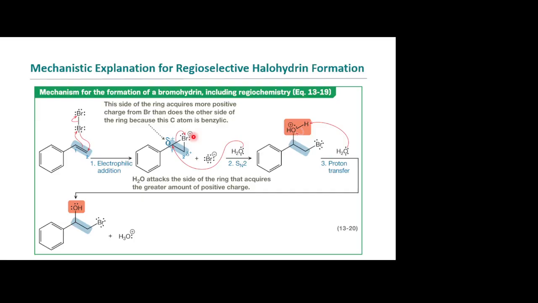Because the bromine is pulling electrons away from those carbons, the positive charge is also on the carbons. Now, which is the most stable place for the positive charge to be? Right there, next to the benzene ring that has lots of delocalized electrons on it. And so that's going to be your big positive charge on that ring.